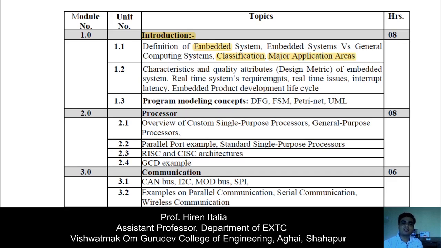Whenever we design an embedded system, what are the design metrics, and what characteristics do we have to take care of while designing or choosing an embedded system. Then the real-time requirements, the embedded processor development life cycle, and how the embedded system gets developed. For that there are different modeling systems that we will study in detail in this chapter.